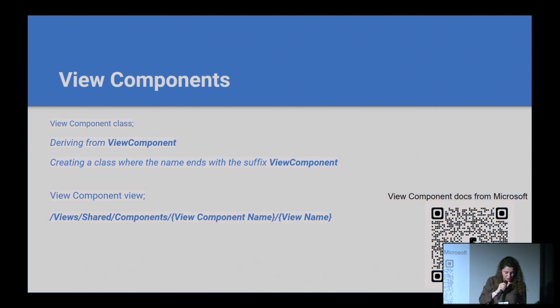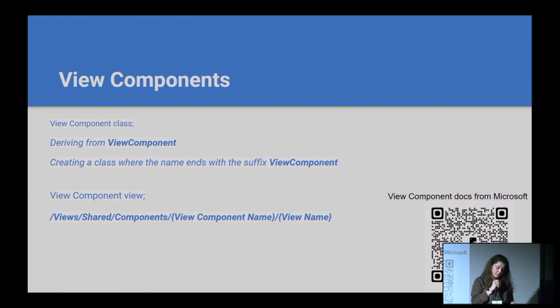They need to be either deriving from ViewComponent, or you can add a ViewComponent attribute on top of your class, or your class name should end with ViewComponent. So Umbraco MVC 9 would know what it is. What I ended up doing is it is deriving from ViewComponent, and also the name ends with ViewComponent as well.